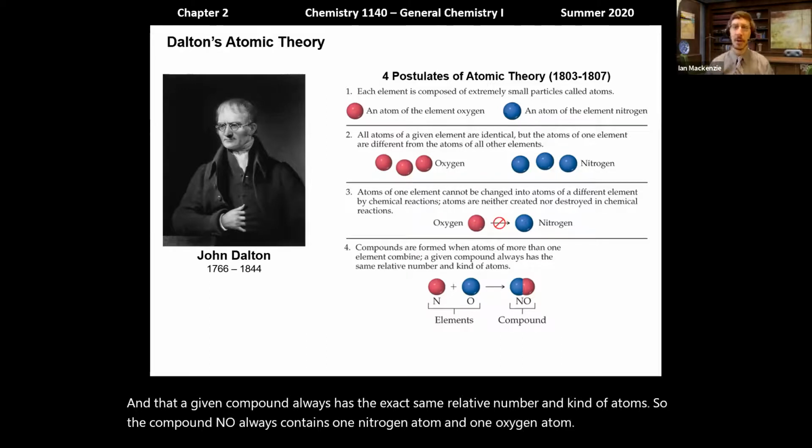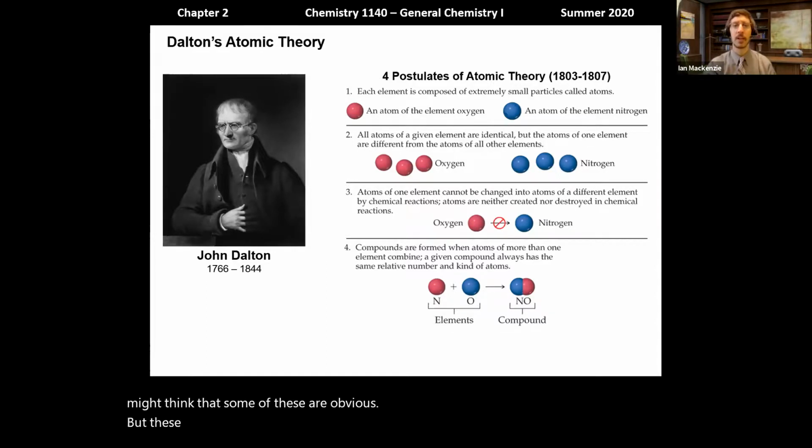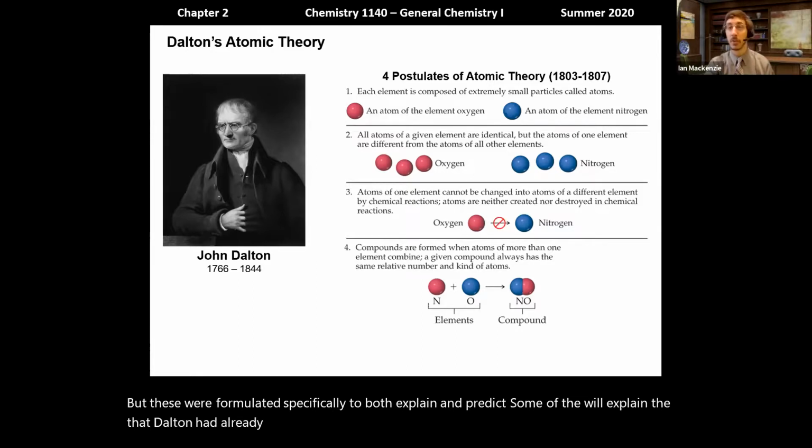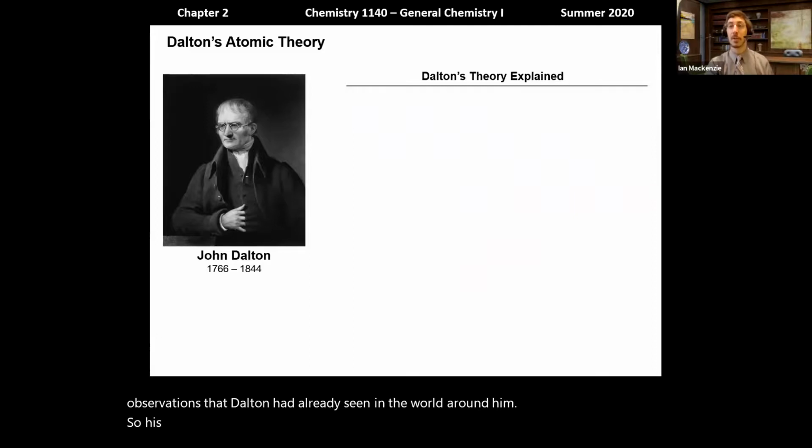Now, some of these postulates might seem a little strange to you, or perhaps if you're familiar with this, you might think that some of these are obvious, but these were formulated specifically to explain the observations that Dalton had already seen in the world around him. So his theory explained a couple laws that scientists had already formulated.